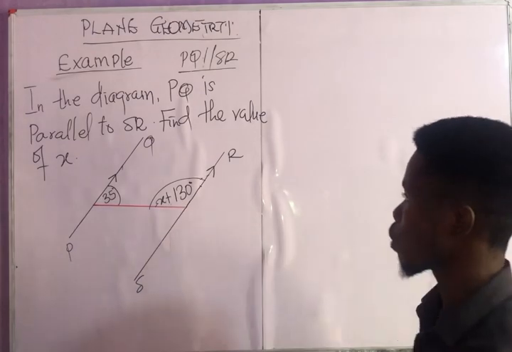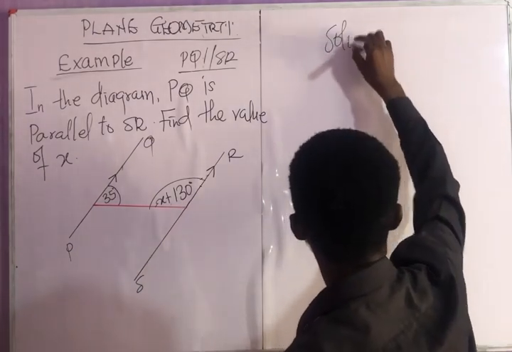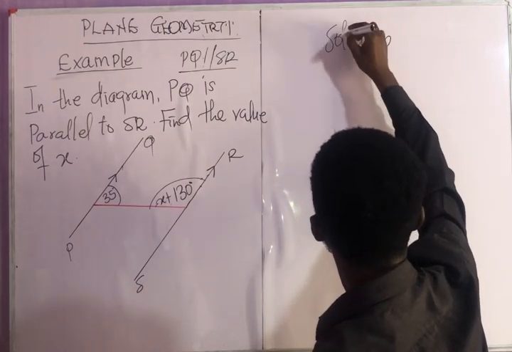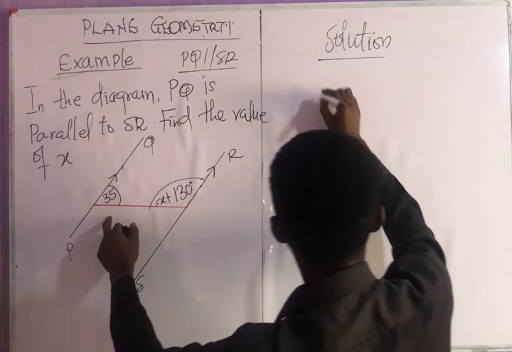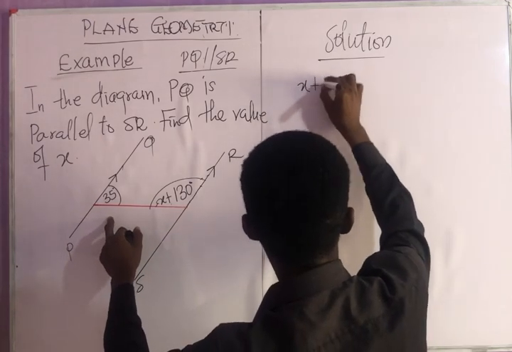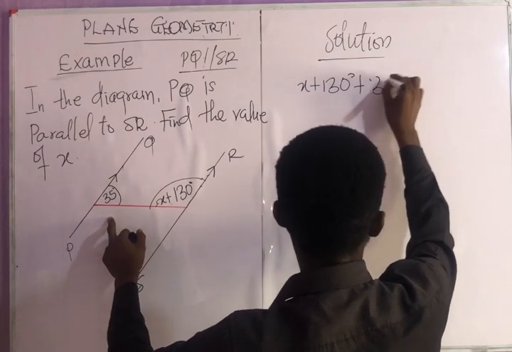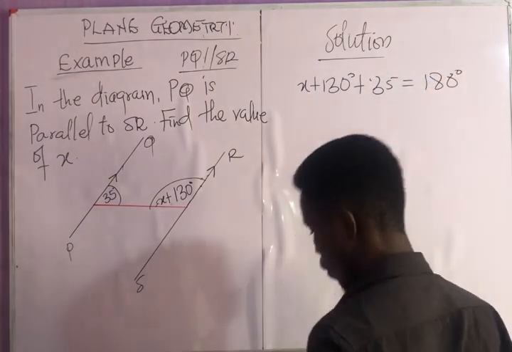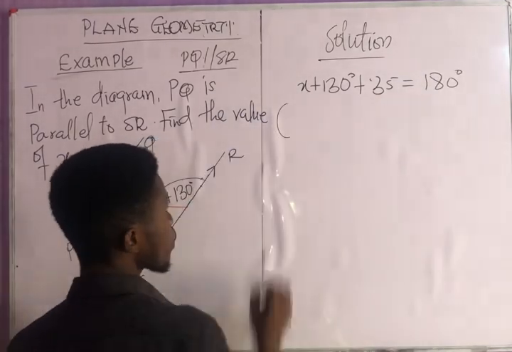So now let's look at this one. We are saying that x plus 130 degrees plus 35 is equal to 180 degrees. Is that okay? And what is the reason?